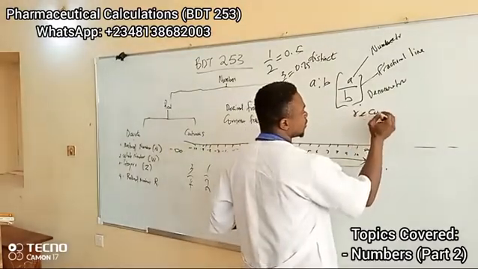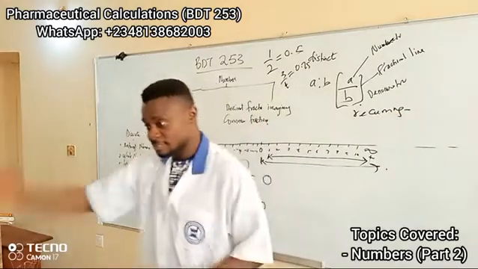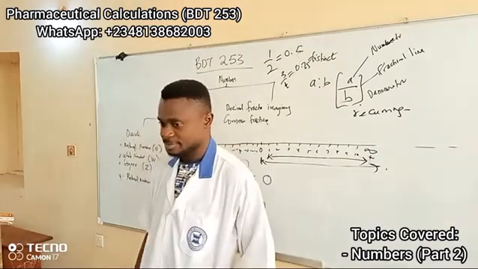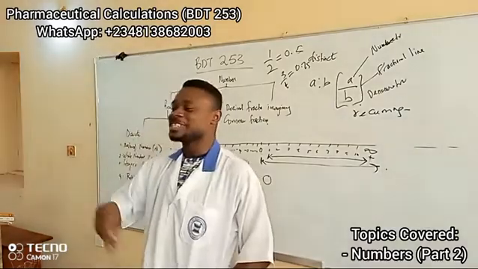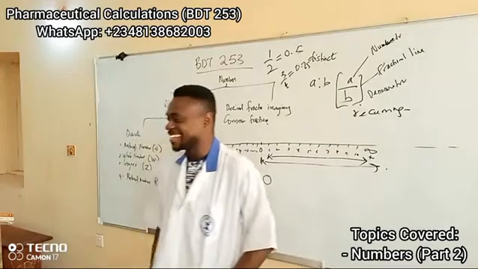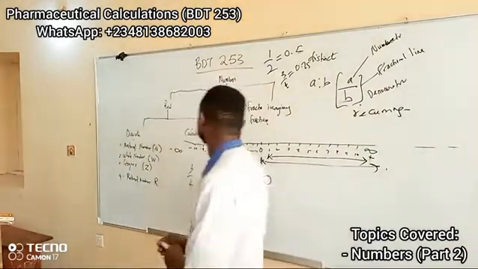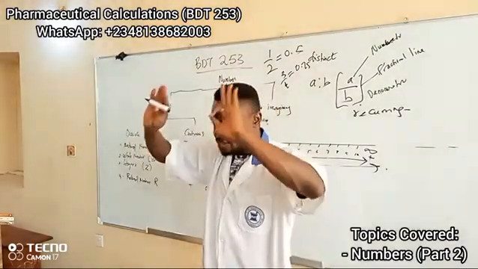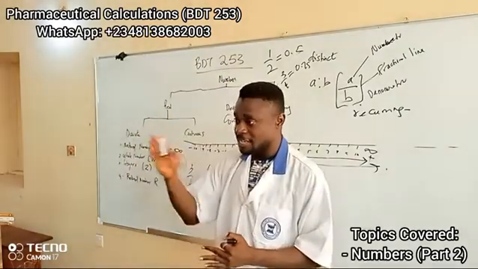Recurring is something that is a recurring decimal. So in fractions, we have decimal fractions, and we have terminating decimal fractions and recurring decimal fractions.